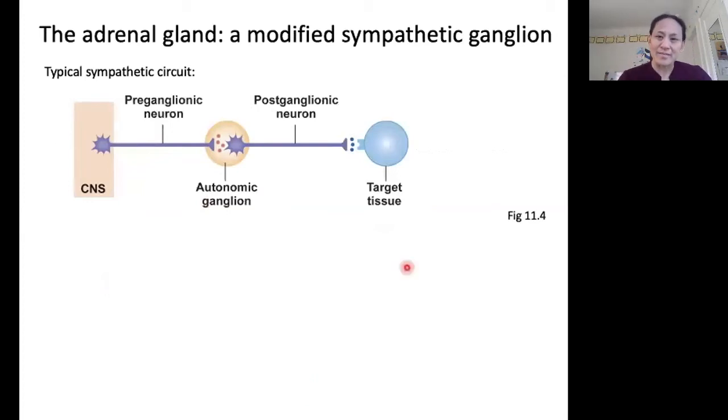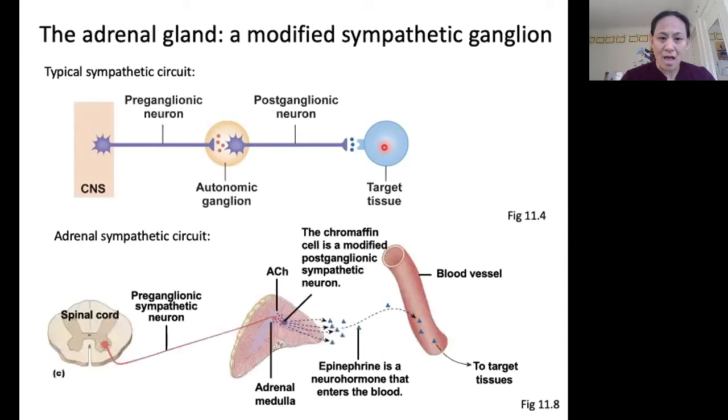Well, to illustrate this concept, let's start by looking at a typical sympathetic circuit. Remember, in a typical sympathetic circuit, we have a preganglionic neuron leading from the central nervous system to the autonomic ganglion. And then we have a postganglionic neuron leading from the ganglion to the target tissue. If we compare that to the circuit that controls the adrenal medulla, you can see that the first half of the circuit is the same.